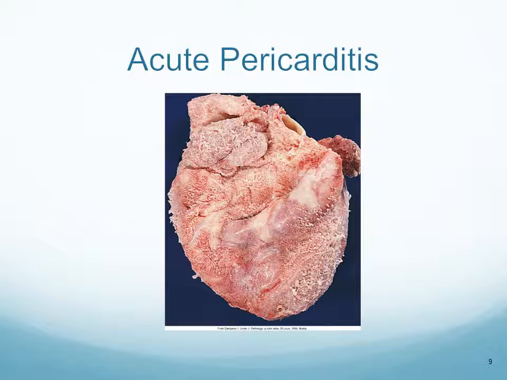So what happens? The bacteria or a pathogen attacks the pericardium, and as that bacteria invades the pericardium, the body's natural response is for the inflammatory response to kick in.